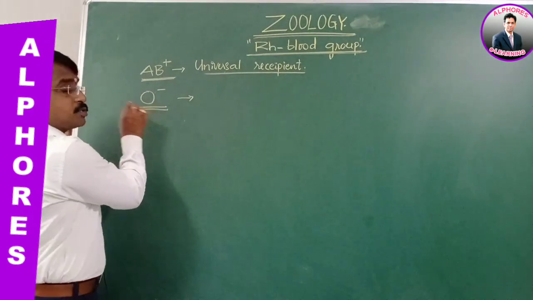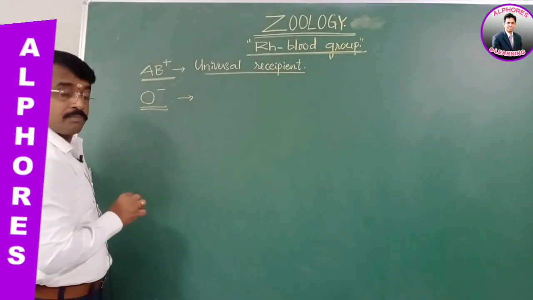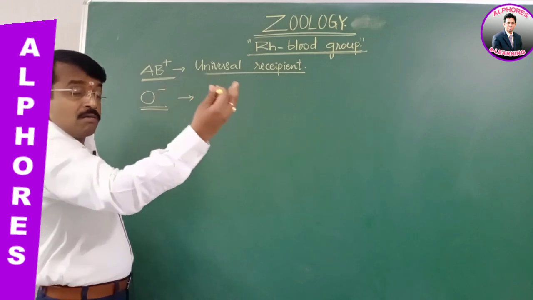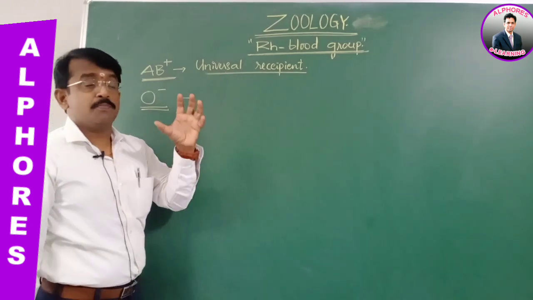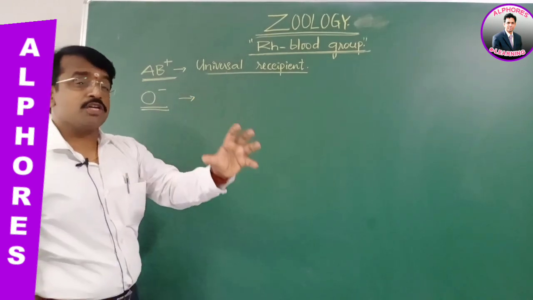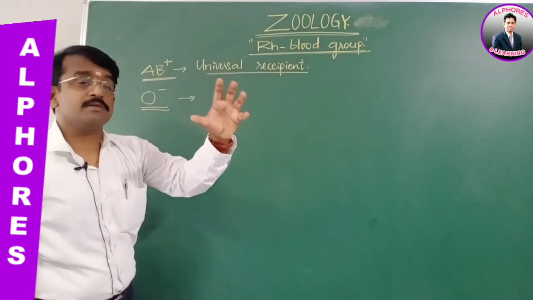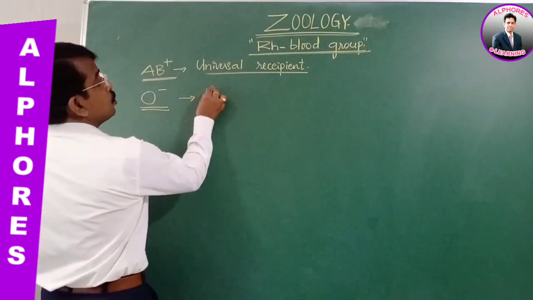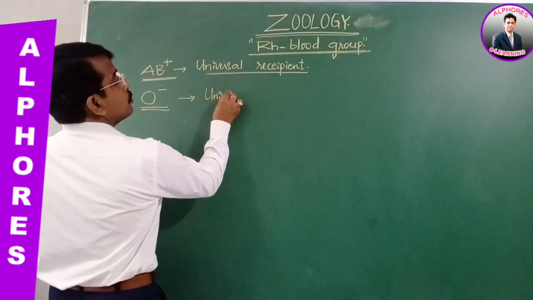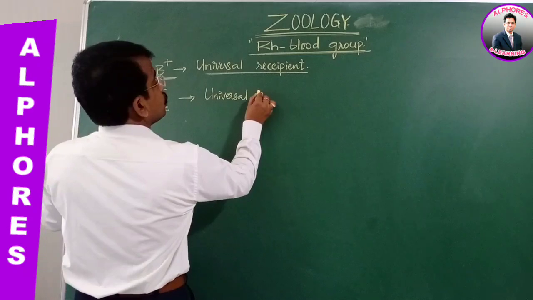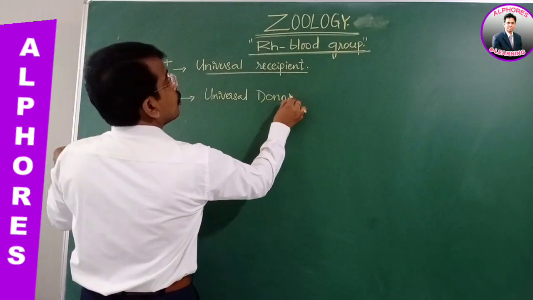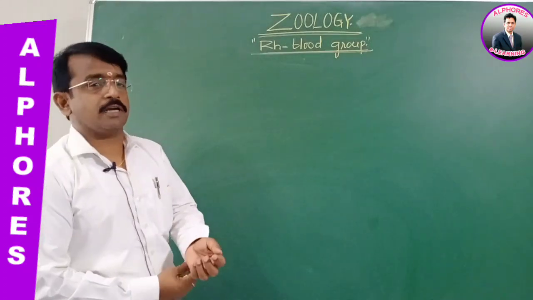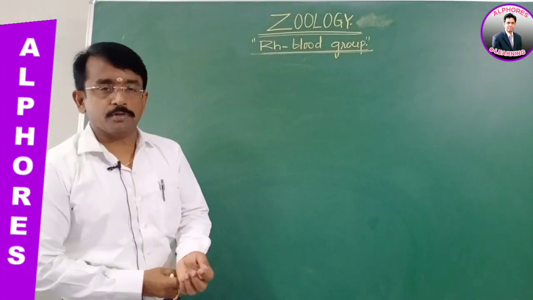Besides that, they are also not with the Rh antigens. So when they donate, they are not going to stimulate the production of Rh antibodies in the recipient. So O negative is a universal donor. Rh blood group, the second type we discuss, is the Rh blood group.